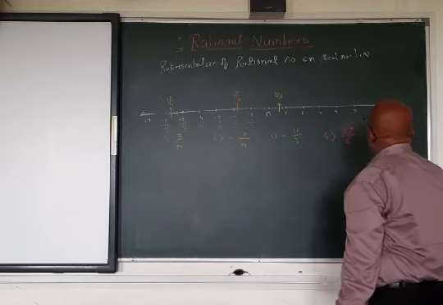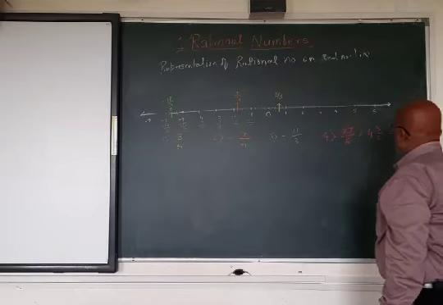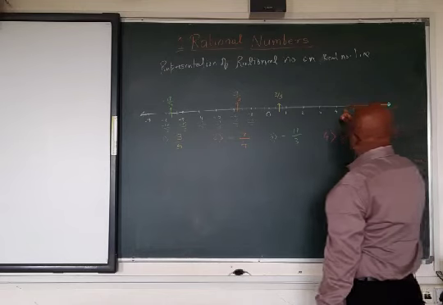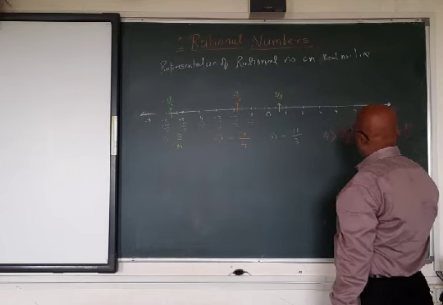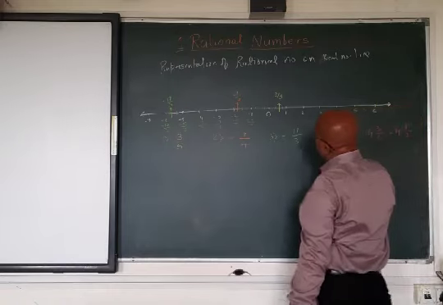Got it clear? So now see here, 4 and a half should come here, but each has to be divided into 6 parts.